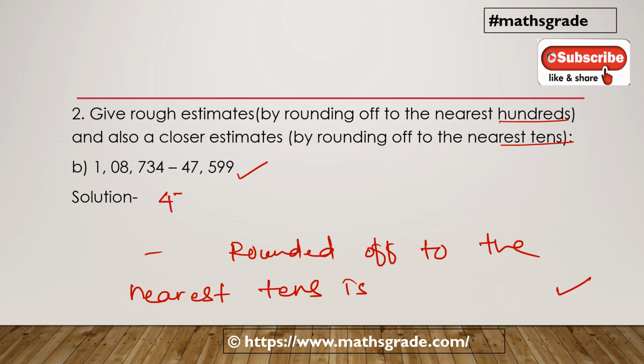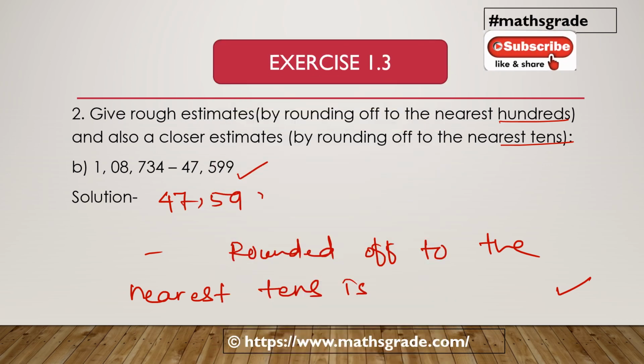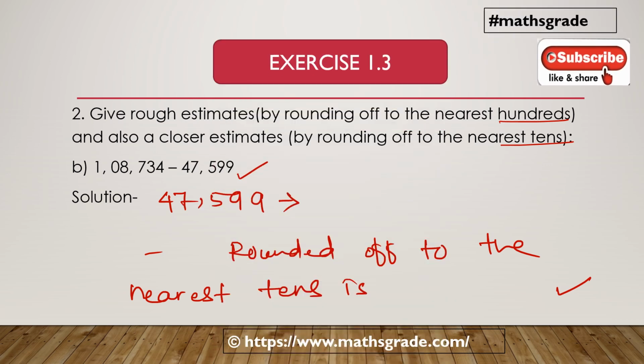Now 47,599. We rounded off this number to the nearest 10. In 47,599, the unit place digit is 9, which is more than 5. So just add 1 to the tens place digit. The tens place digit is 9, and 9 plus 1 will be 10. That is, this 1 carries over to the hundreds place digit, that is 5 changes to 5 plus 1, that is 6.